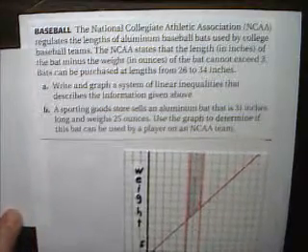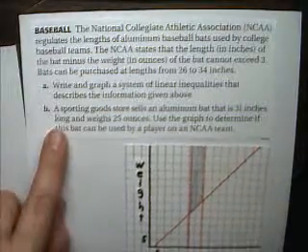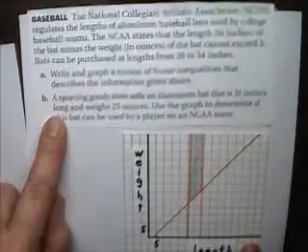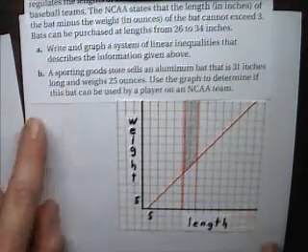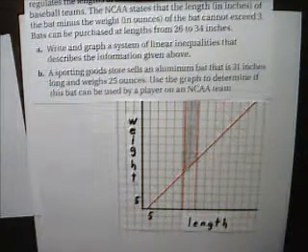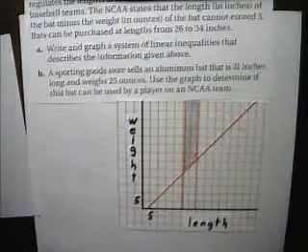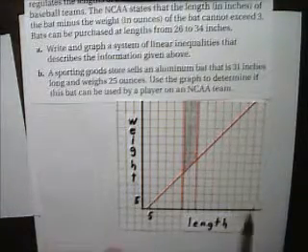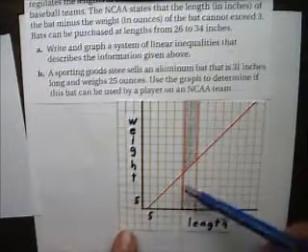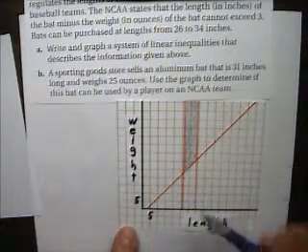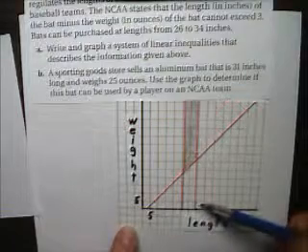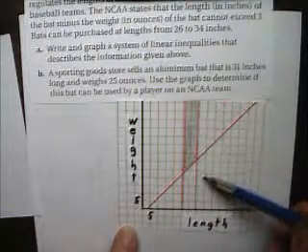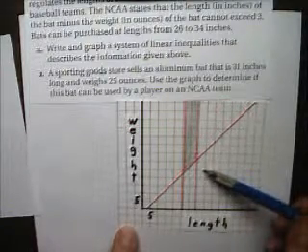And now it says a sporting goods store sells an aluminum bat that is 31 inches long and weighs 25 ounces. So I have to find that on my graph. So the weight is 25 ounces. 5, 10, 15, 20, 25 ounces.